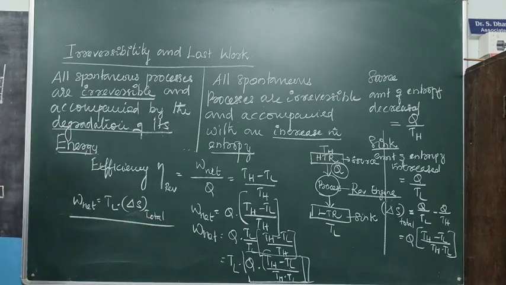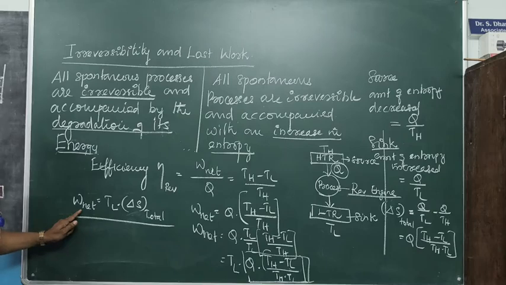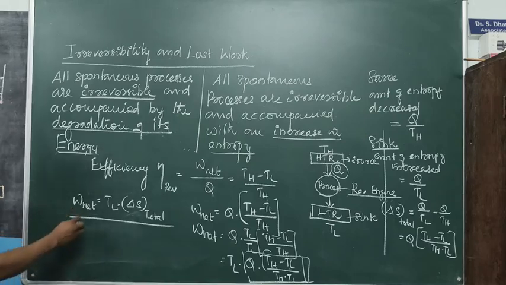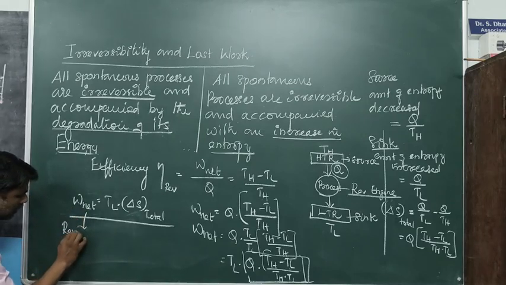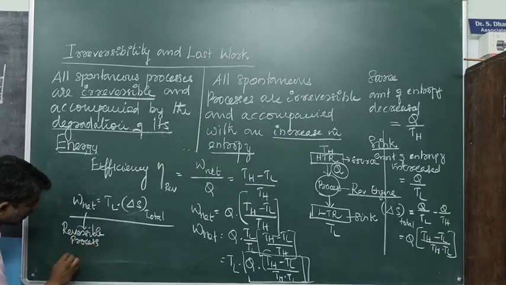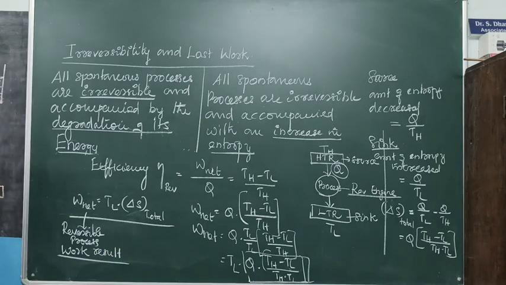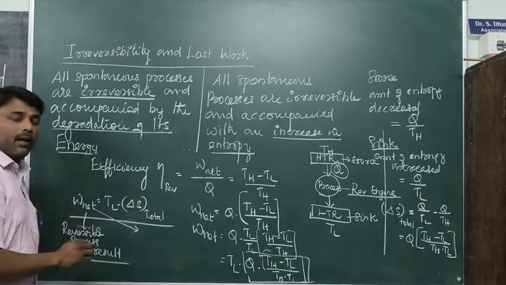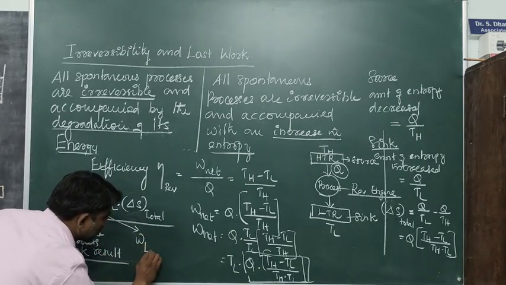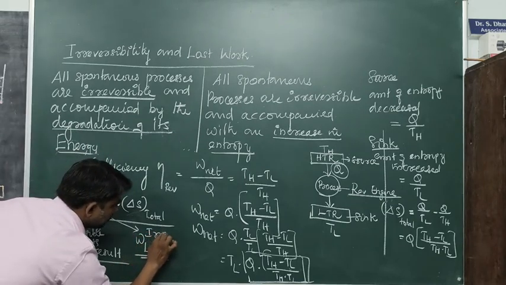Now discussion is open. What is this? If it is a reversible process, this is the amount of work that results, the net work. If it is an irreversible process, this is the amount of work lost, the irreversibility.